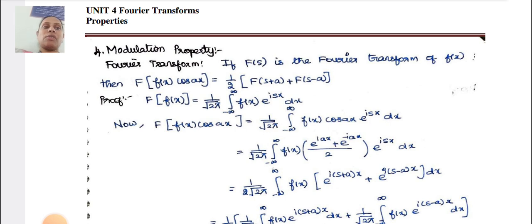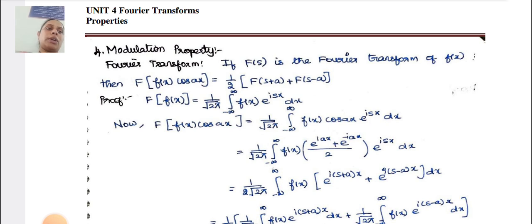If the Fourier transform F of s is the Fourier transform of f of x, then the Fourier transform of f of x cos a x equals 1 by 2 of F of s plus a plus F of s minus a. So F of s is nothing but 1 by root 2 pi, minus infinity to infinity, f of x e power i s x into dx. Here we replace cos a x with e power i a x plus e power minus i a x by 2.